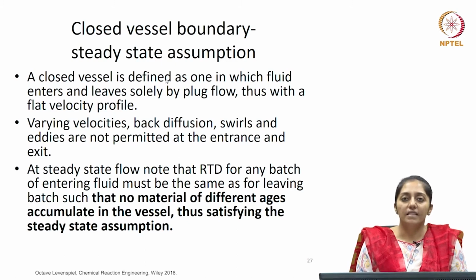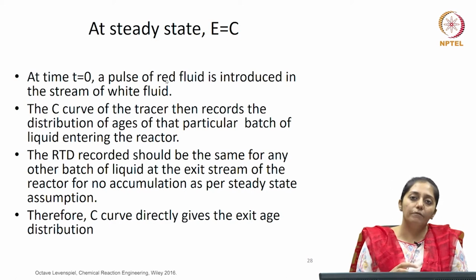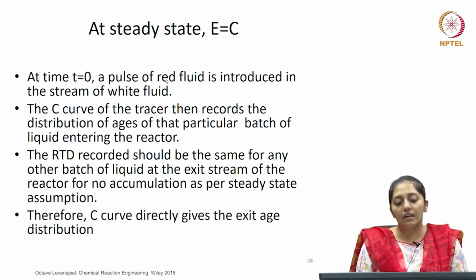thus satisfying the steady state assumption. So at t equals 0, if a pulse of red fluid is introduced in the stream of white fluid being sent into the reactor, the C curve of the tracer would record the distribution of ages of that particular batch of liquid entering the reactor.